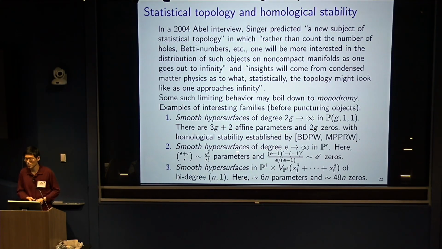For example, smooth hypersurfaces of degree tending to infinity in a fixed projective space, or smooth hypersurfaces in, say, some biprojective variety. Example 3 corresponds to what you would need to make my work with Browning and Glas unconditional, for the sum of six cubes equals 0 in the function field case. These can all be thought of as some kind of hypersurface families.